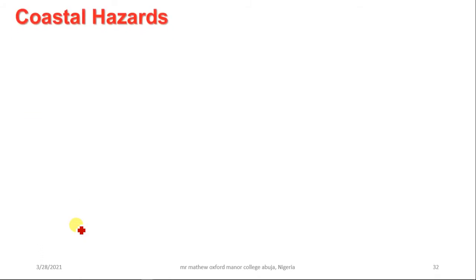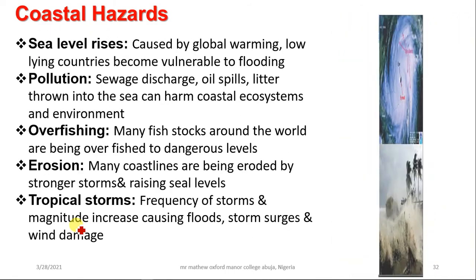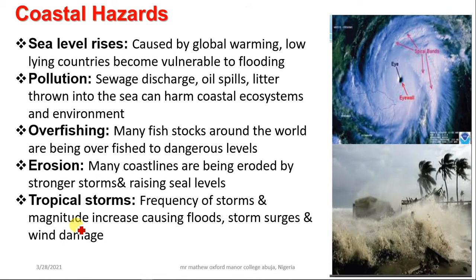So coastal hazards. Now there are different forms of coastal hazards. We have sea level rise, which is usually caused by global warming. So low-lying countries become vulnerable to flooding. Because of global warming, ice caps and glaciers melt, and the water will now be added to the sea content.